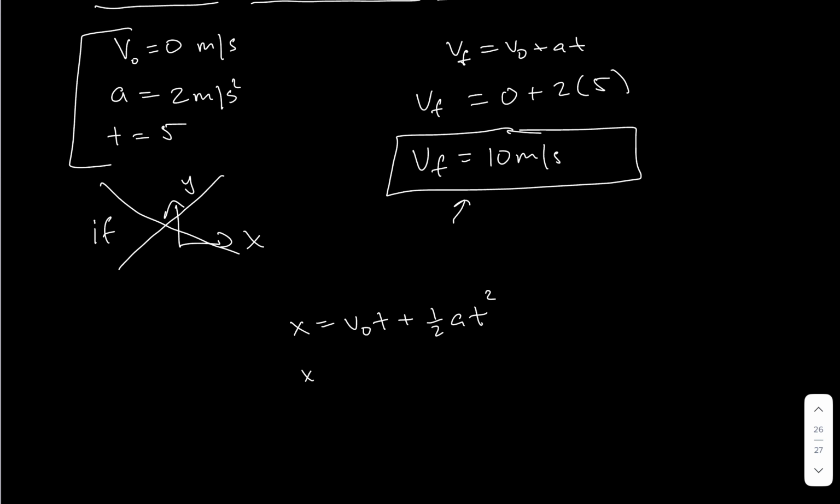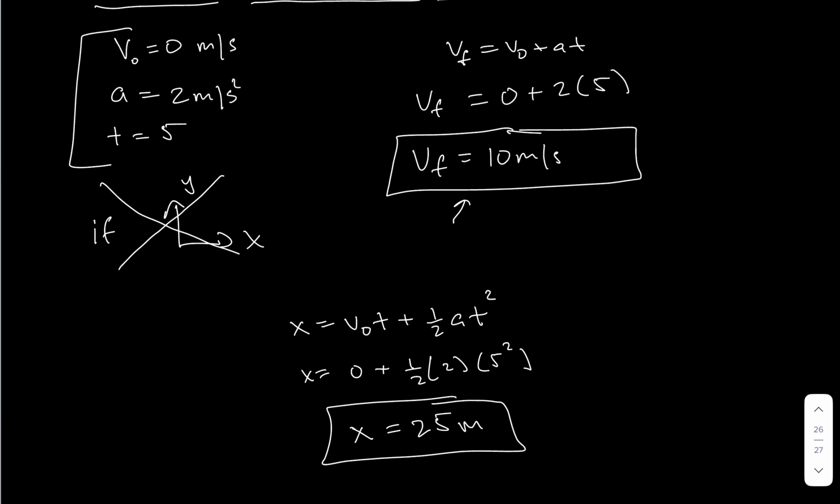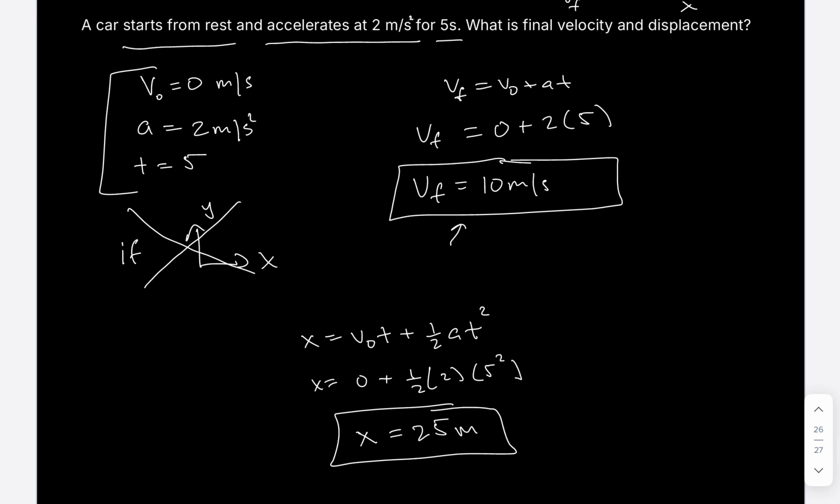Same thing, I'm going to plug it in. This is equal to 0 plus 1 half times 2 times 5 squared. And this simplifies down to x is equal to 25 meters. So after 5 seconds, my total distance traveled is 25 meters.